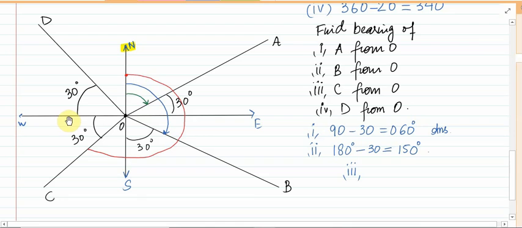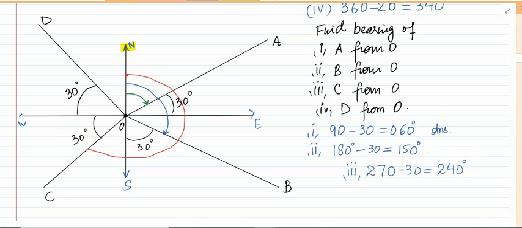So I know that from north till west, it's an angle of 270, right? I can subtract 30 from 270 like we did in our last part. That was the extra one. So the bearing is 240 degrees, right? And this 240 is basically from north till the line C, the one we are looking for, right?